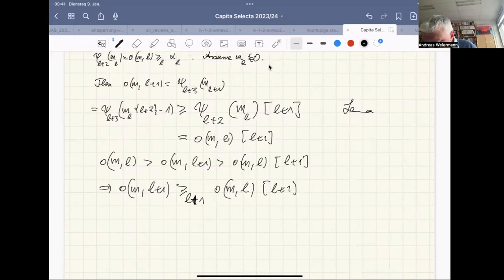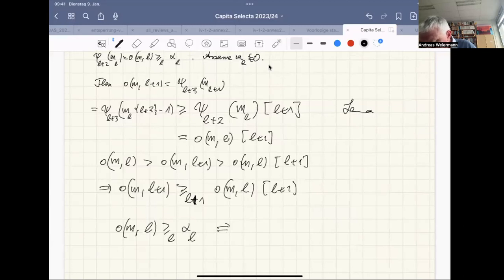Now O of ML goes down to alpha L. What does this yield?